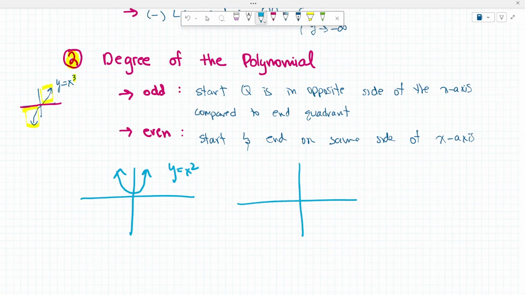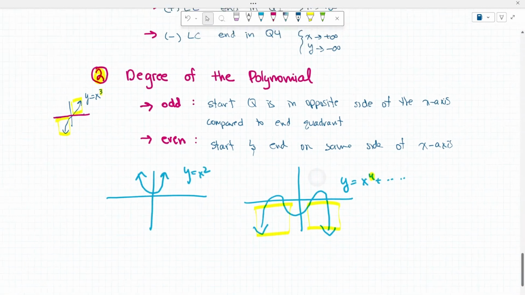We can even have another one. Let's do something like this. Call it y equals x to the 4 plus whatever other terms, but we know that it's degree 4. And in this case, we can see that it does start and end on the same side of the x-axis. So that gives us more insight on the end behavior of the polynomial.